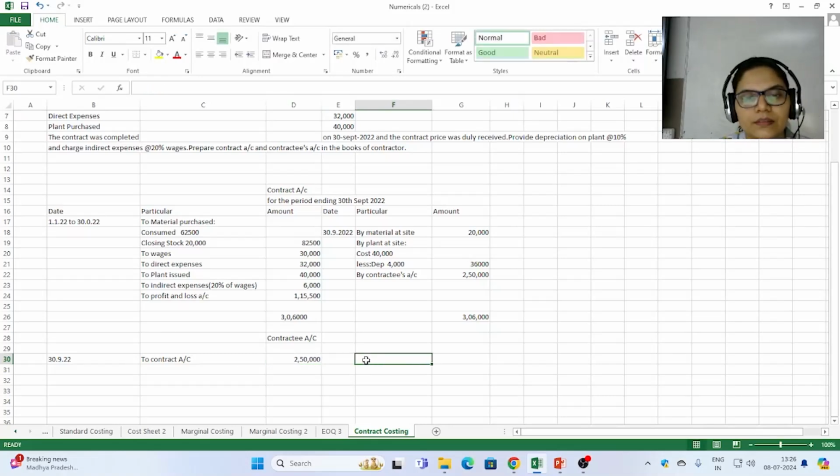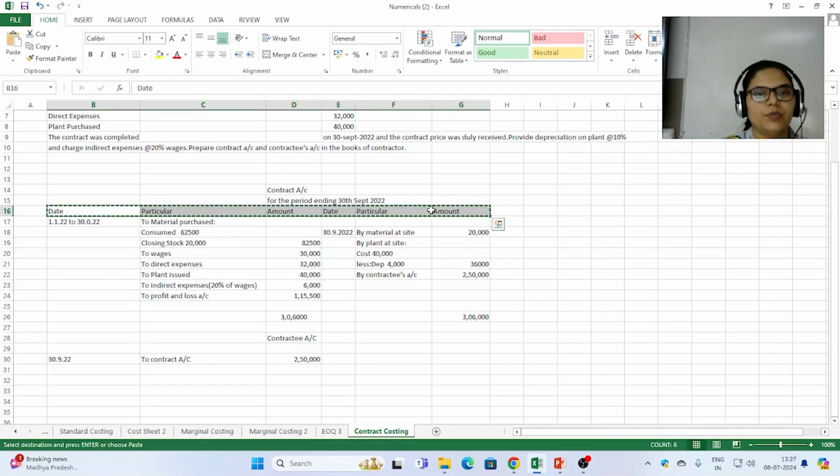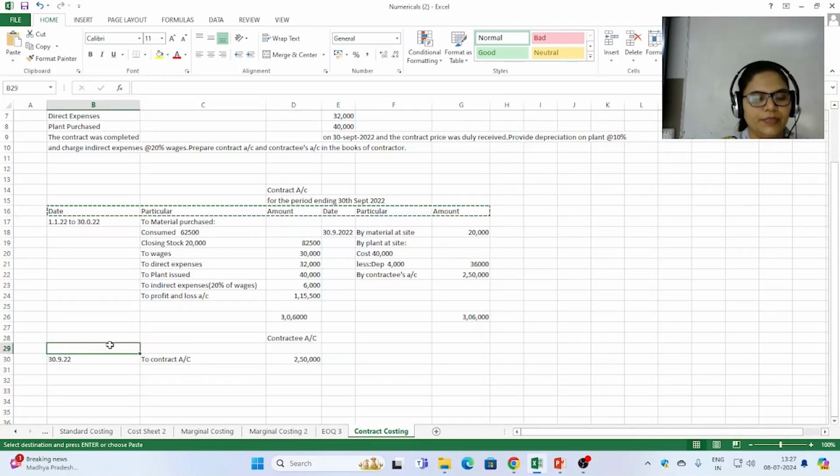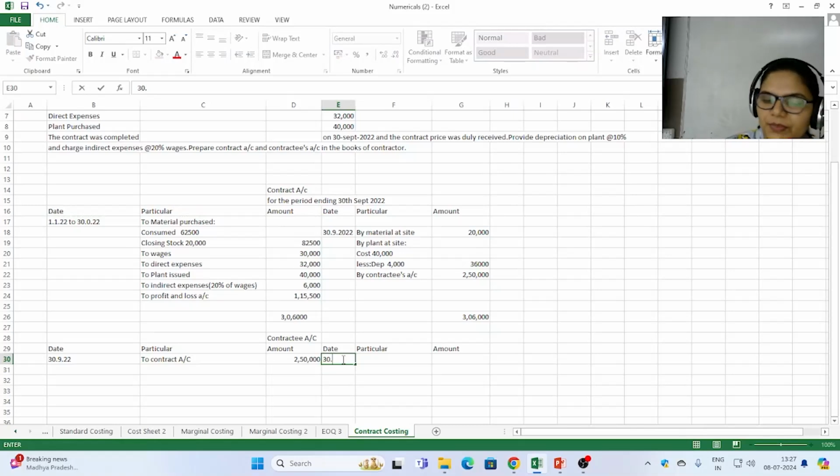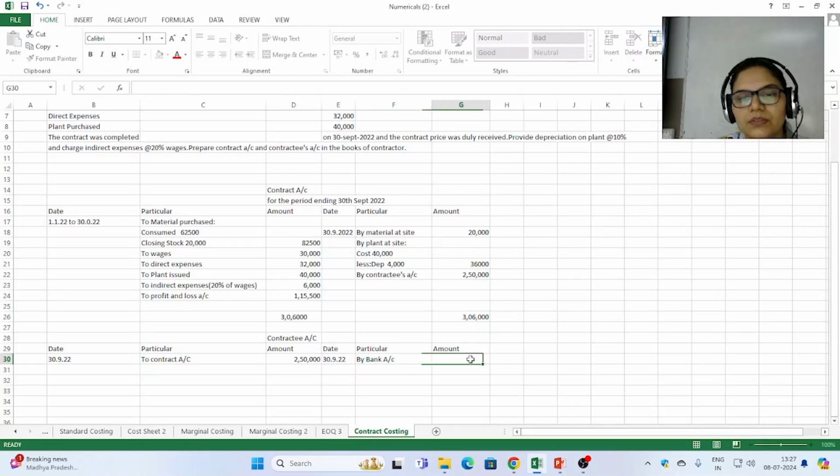Sorry, I forgot to copy the above format. No problem. We will paste like this. And for the credit side, it is in the form of a ledger we usually prepare, because the amount given by the contractee is transferred to bank account, and we will mention it by bank account. Bank account is 2,50,000 again.